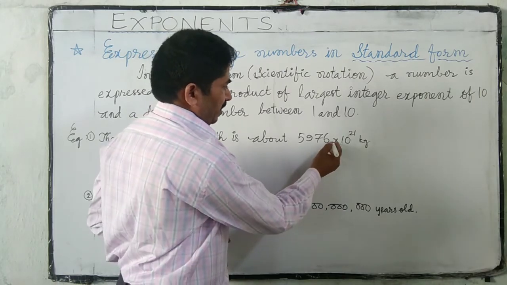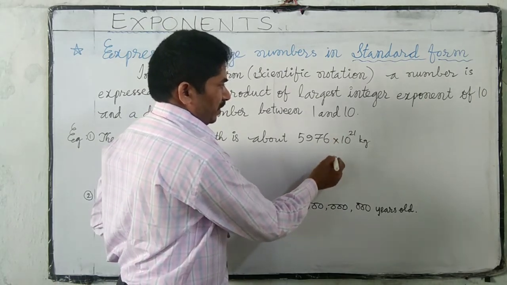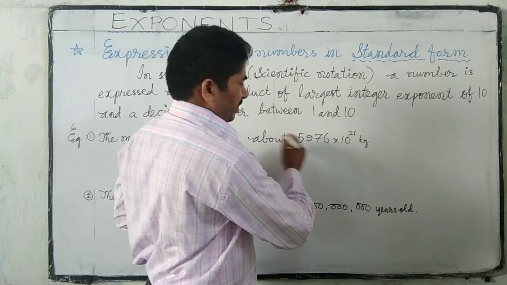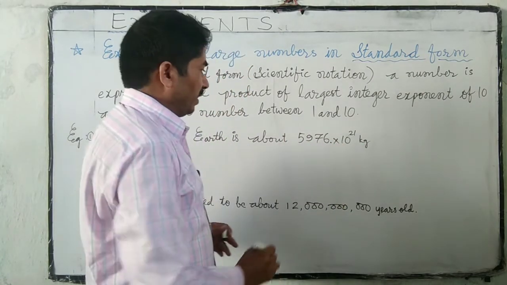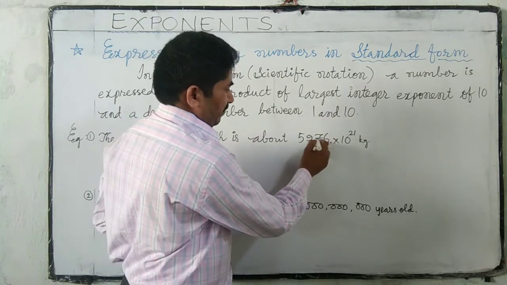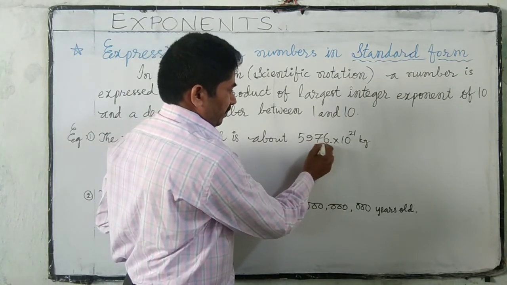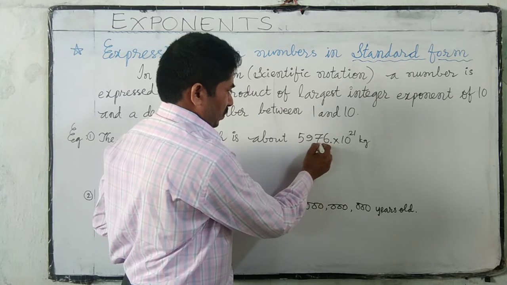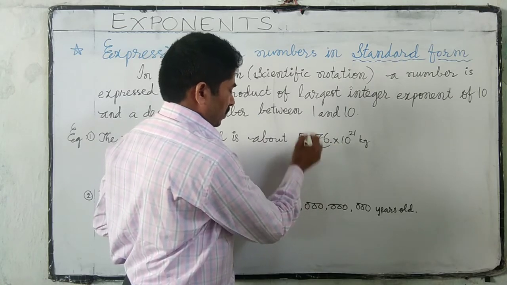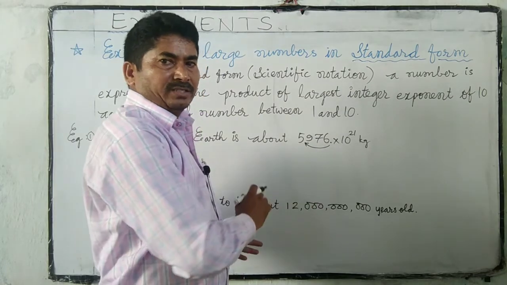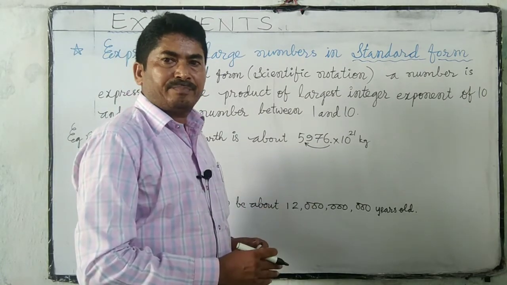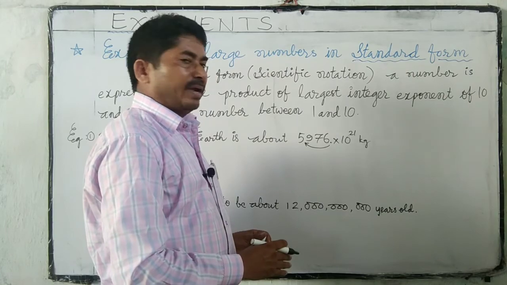A whole number or integral part is to the left of the decimal point. So here we have the decimal point. That's why we have to shift 3 places to the left, 1, 2, 3. To shift the decimal point by 3 places, we have to multiply the number by 1000.